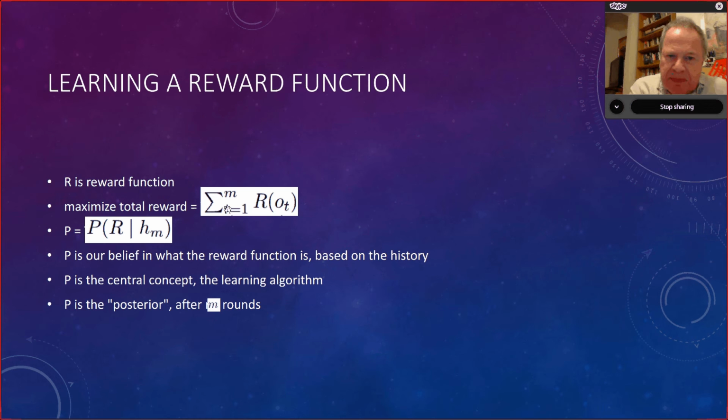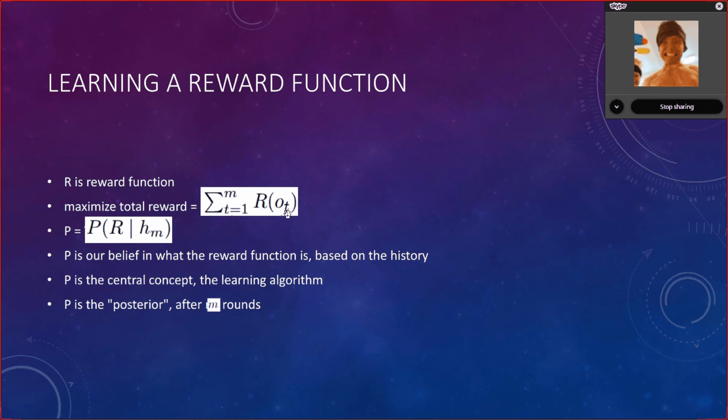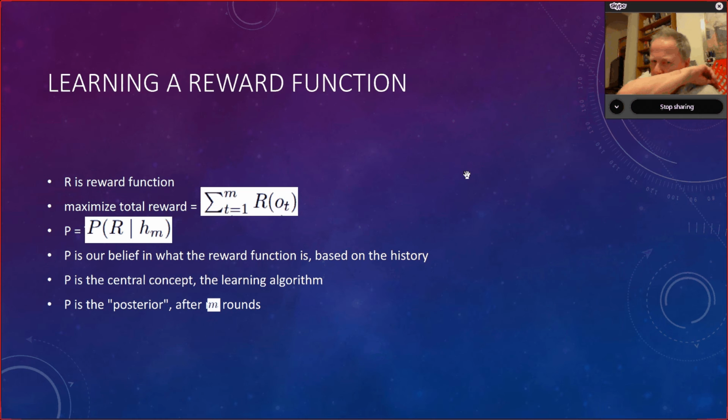It says from t=1 to M of the reward based on the observation. So you imagine it says the reward on observation 1 plus the reward of observation 2 plus the reward of observation 3, all the way to M, our horizon. If the game runs 10, it's up to R of the 10th observation.